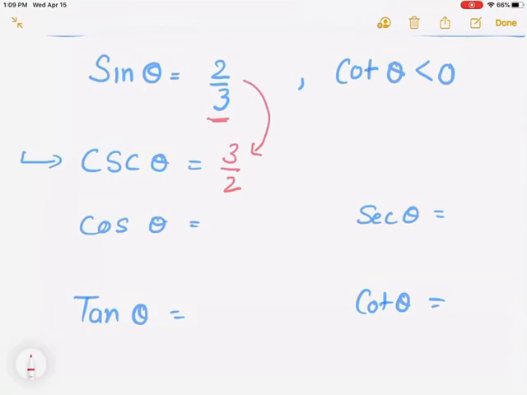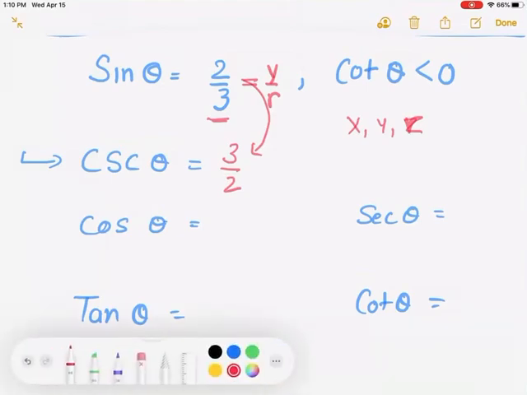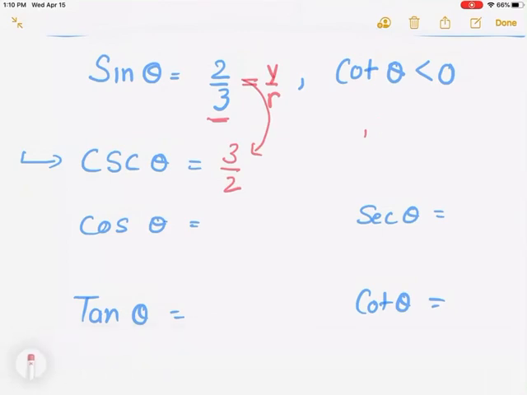Okay, but I hope you remember, in order to write these ratios, you have to have all three variables. I have to have x, y, and r. So if you know sine function, it means you already have y and r out of these. So you still have to solve for x. This is where you need to use Pythagorean theorem, and you need to solve for the missing one.